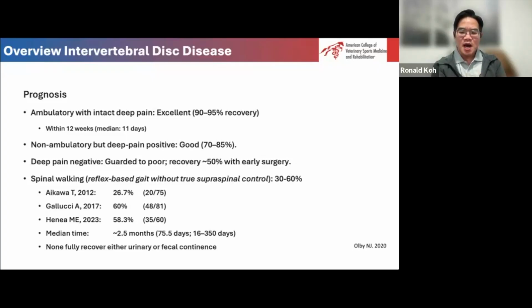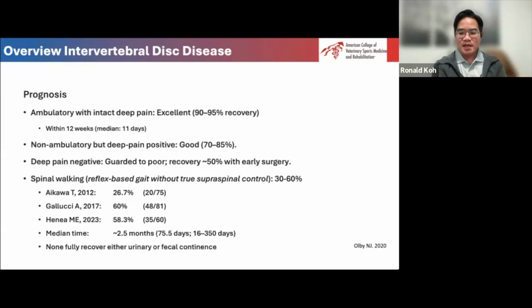For non-ambulatory dogs that still have deep pain, the prognosis is still good, roughly 70 to 85%, especially when we're able to start rehab, crate rest, and medication, which I think help them improve quicker and increase the success rate.